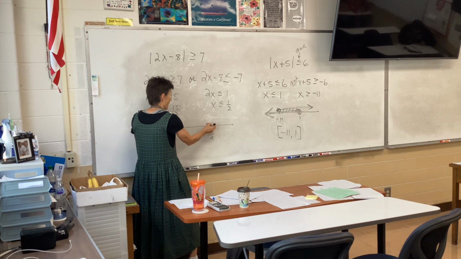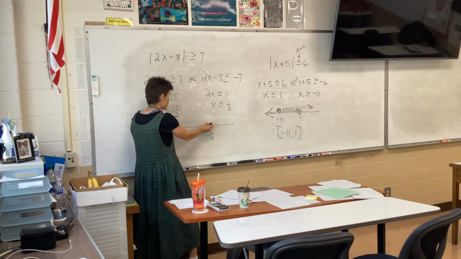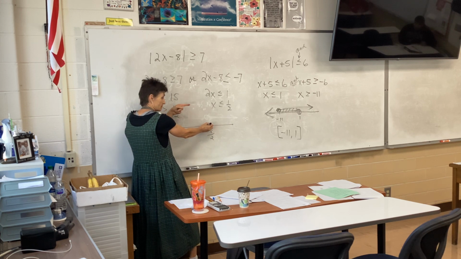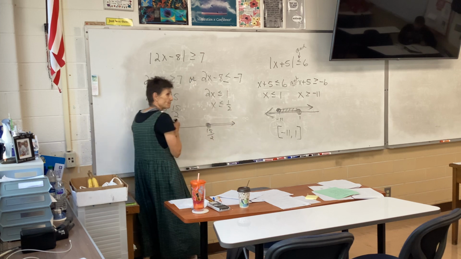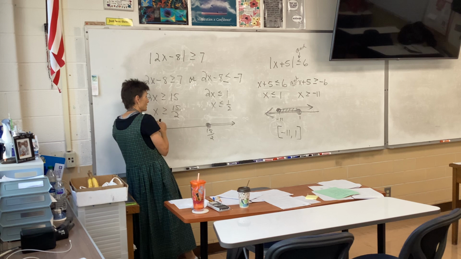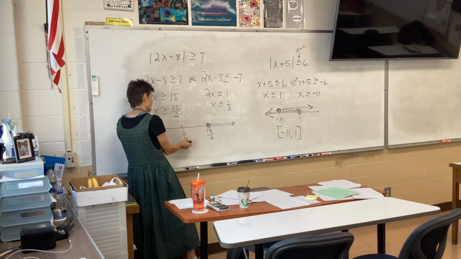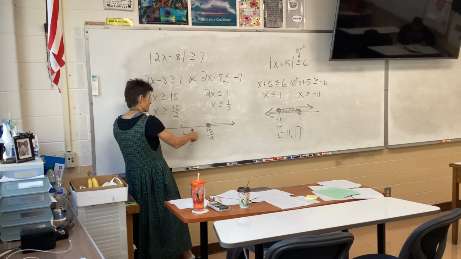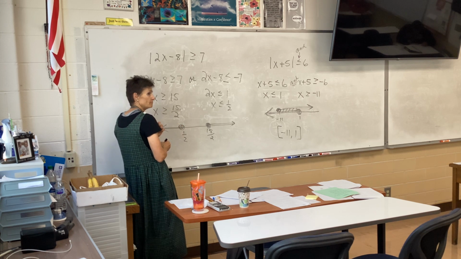That'll be closed dot. Shaded which way? Right? Pointing that way. And then here's 1/2. Make sure you get these in order. 1/2 is less than 15/2, so be over here. Solid dot, shaded this way.